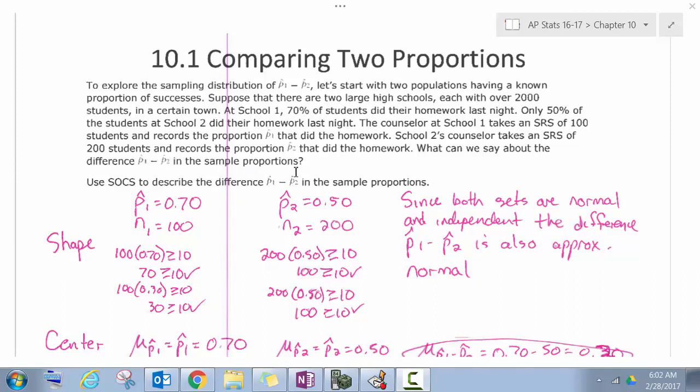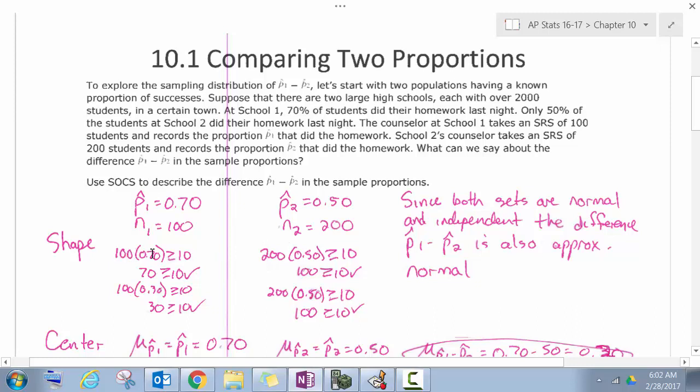So the sets when they're combined. What we need to do first is check, or we follow our SOCS shape. Is it normal? Well, we have to do our n times p hat and n times 1 minus p hat for both of them to see if they're both normal.